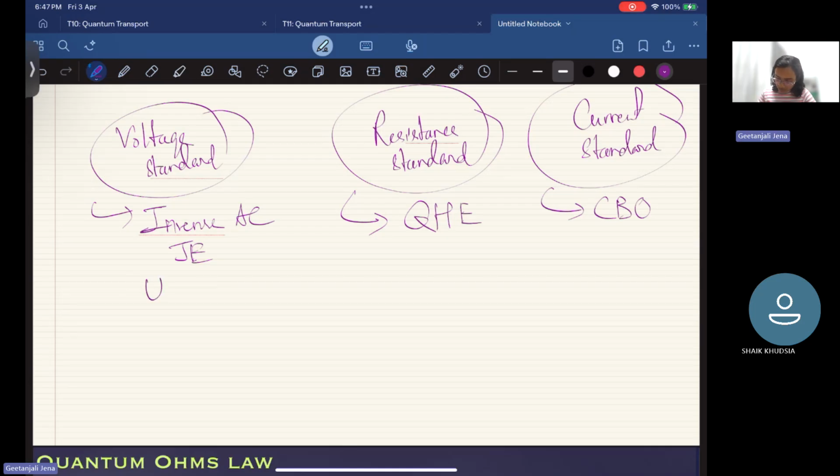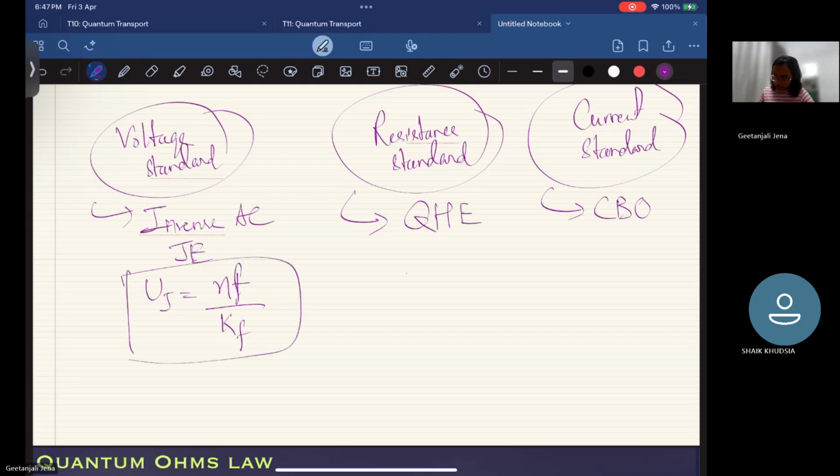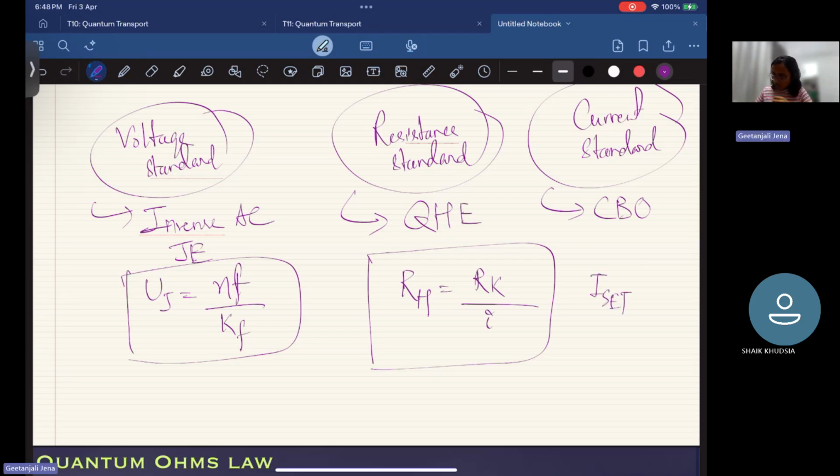For the voltage here, UJ, you can write it as nf over KJ. And the resistance here, you can write it as RK over i. And the current of the current standard, you can write it as QS times fSET.